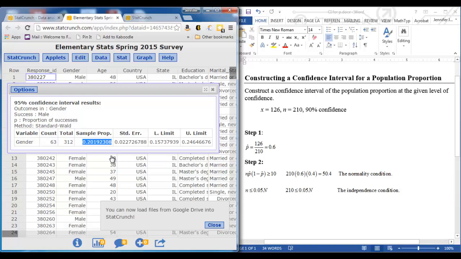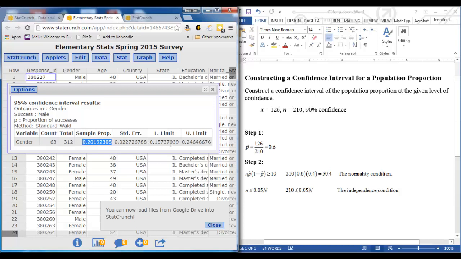We do need to verify our two conditions, which is our normality condition and our independence condition, just to make sure that this confidence interval is valid. If you take 312 times 0.2 times 0.8, I'm rounding a little bit there, you will get roughly 49.92, which is definitely greater than or equal to 10, so we're good there. And 312 should be less than 5% of all males, so we're good there as well.